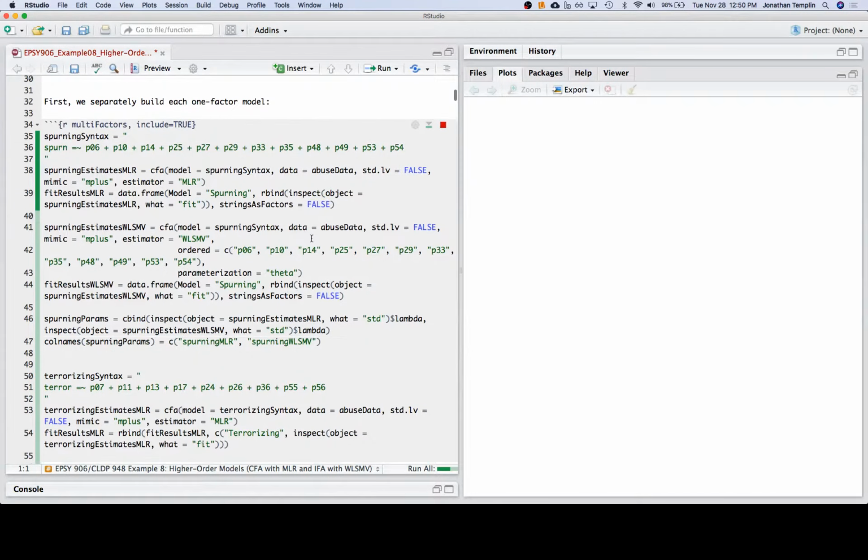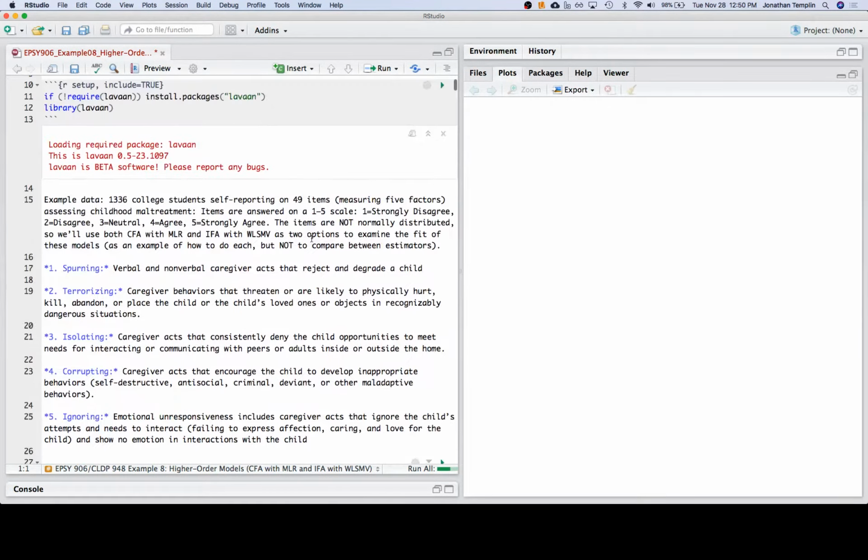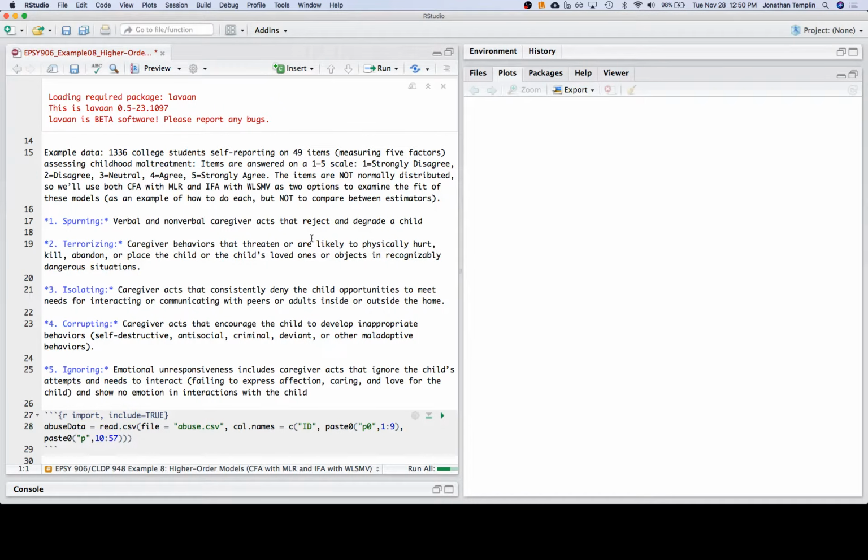I should run this ahead of time. Sorry about that. Here, what we end up having is a 5-factor model where we have 5 different scales. There are 49 items altogether, and we're going to do CFA with MLR and IFA with weighted least squares.